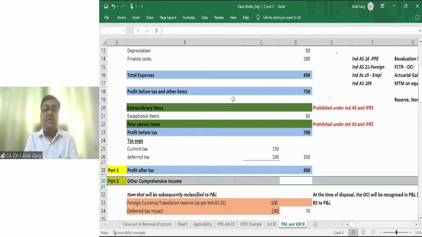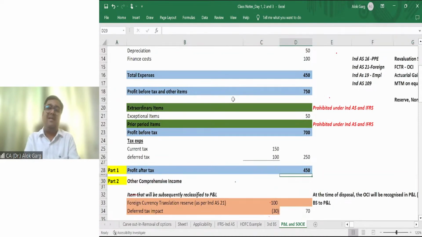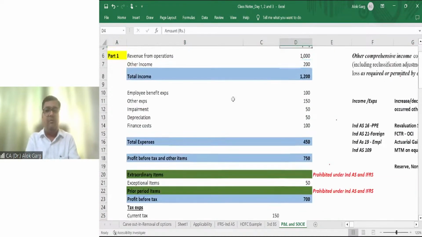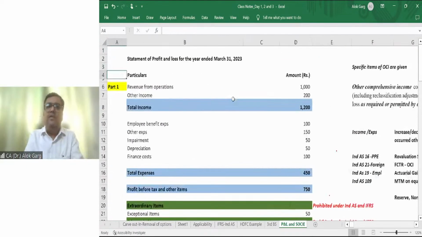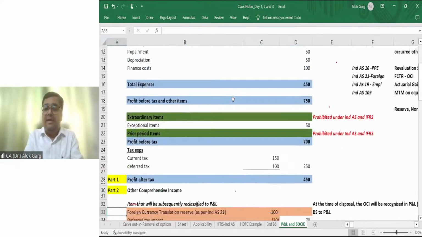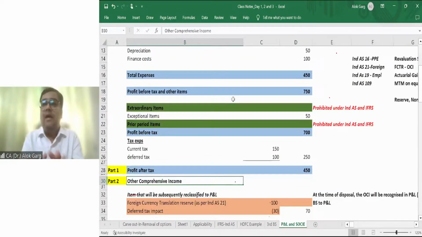Friends, now coming to this other comprehensive income. What is this other comprehensive income? What is this? Friends, first of all, let me tell you some other comprehensive income guidance. Please write down. Other comprehensive income is a new section in the statement of profit and loss.